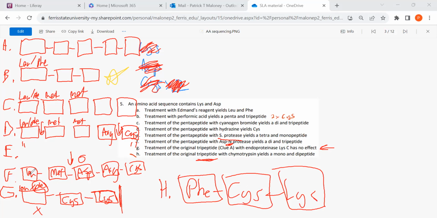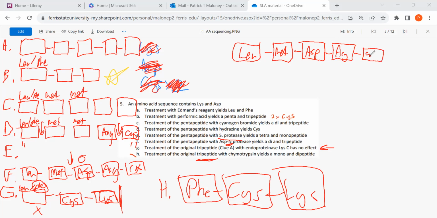So when you are asked to completely redraw the original structure, what we've got is LEU, MET, ASP, ARG, CYS, and then she's kind of a stickler about this.